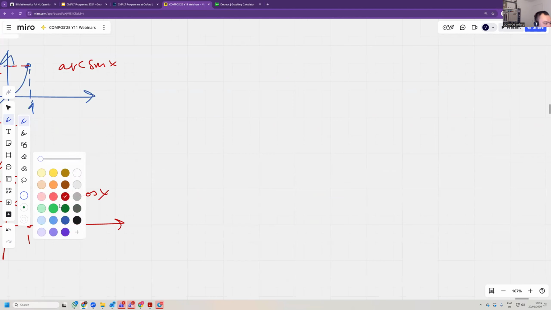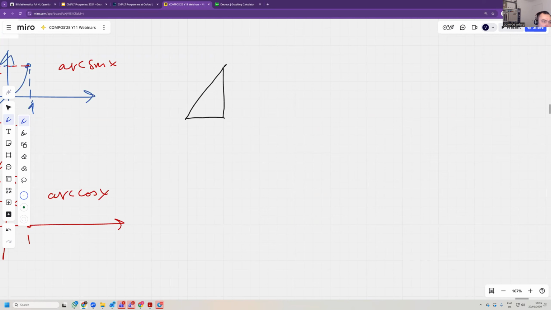You can use a right angle triangle. Let's say you have a right angle triangle with sides A, B, and C. And this angle, let's call it theta 1.